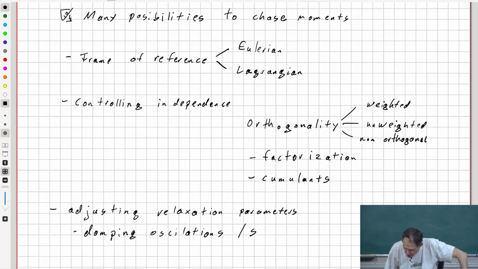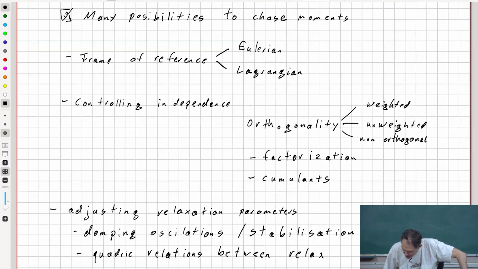This is one possibility. You can use these many parameters to make things more stable, going to higher Reynolds numbers. But there is something else very interesting, so-called quadratic relations between relaxation rates. Now what on earth is this?